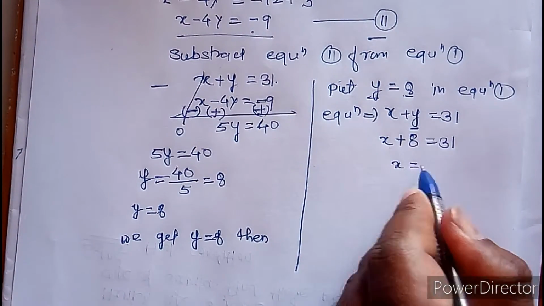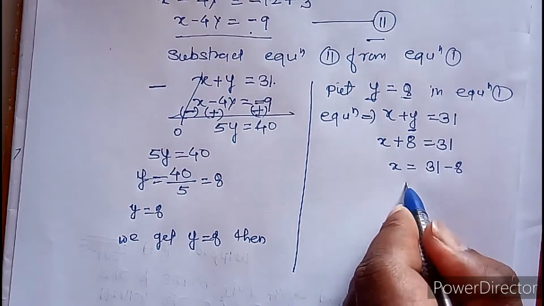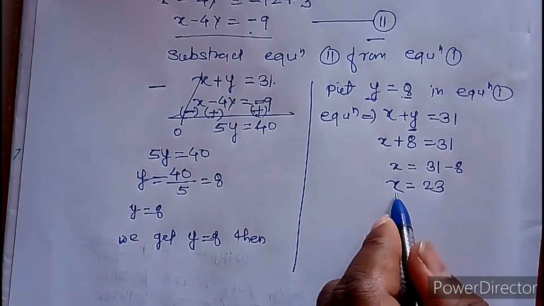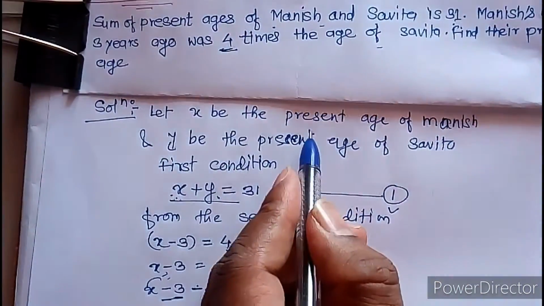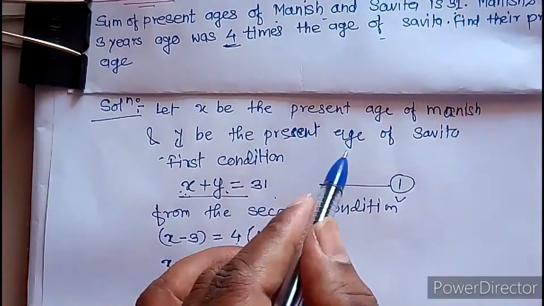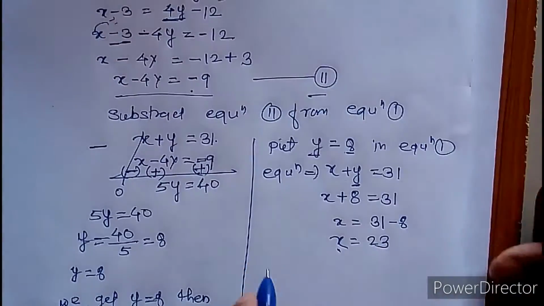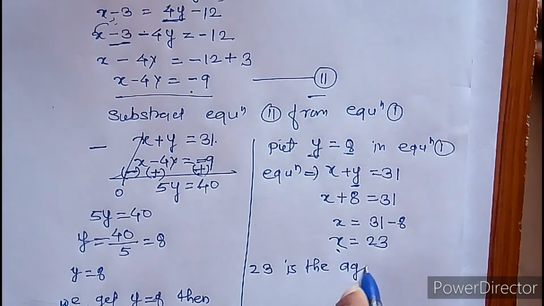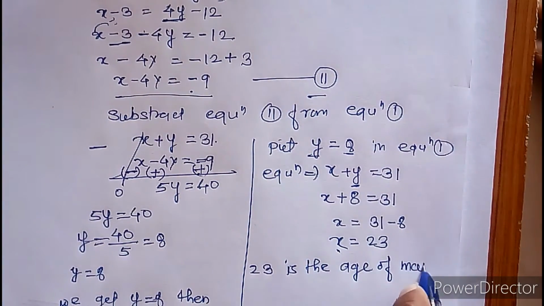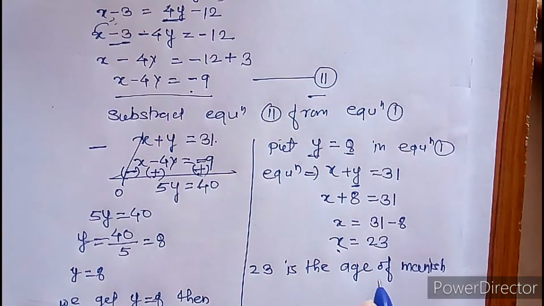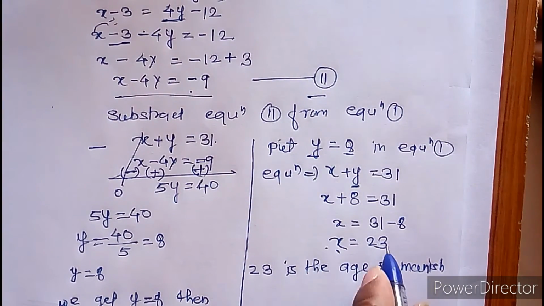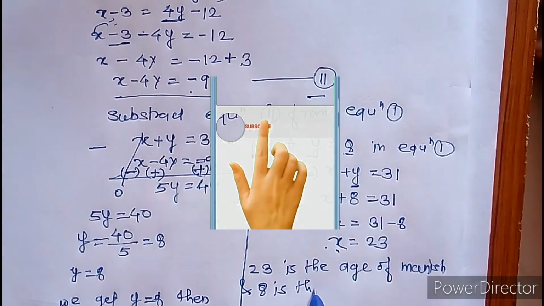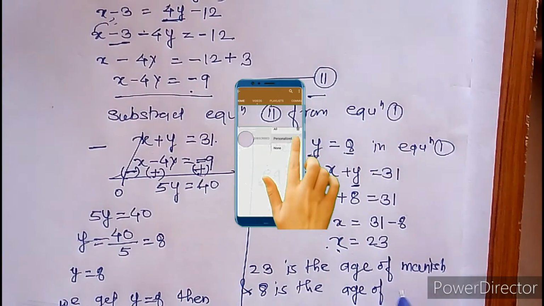Now x equals 31 minus 8, which is 23. The value of x is 23, but x is the assumed age of Manish and y is the age of Savita. Therefore 23 is the age of Manish, and y, that is 8, is the age of Savita.